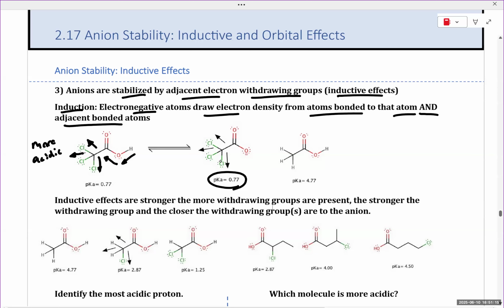And part of the reason for that is these inductive withdrawing groups stabilize your anion because we're pulling electron density from the adjacent carbon atoms and from that anion, and that helps stabilize the anion. So as you can see, when you have inductive withdrawing groups, this has a pretty notable effect on your proton acidity.